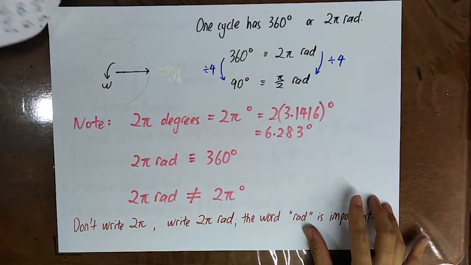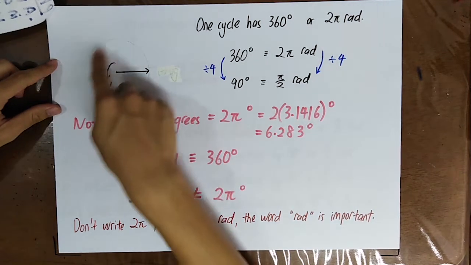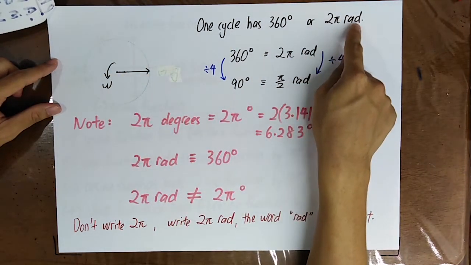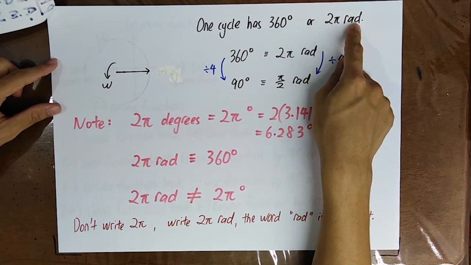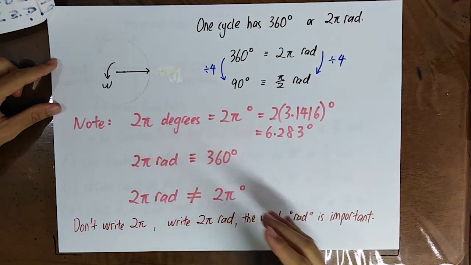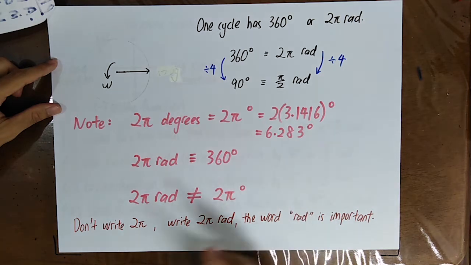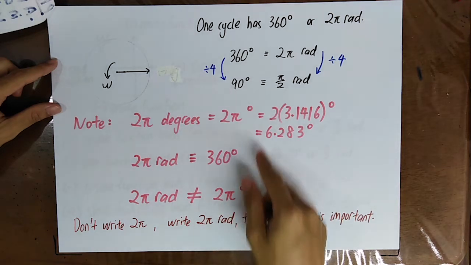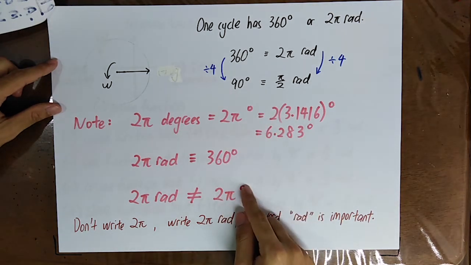Promise me something. In one cycle, you have 2 pi radian. If possible, please write your answer clearly, because some students normally write 2 pi, they don't write 2 pi radian. And when the worst comes to the worst, they even write 2 pi degree.